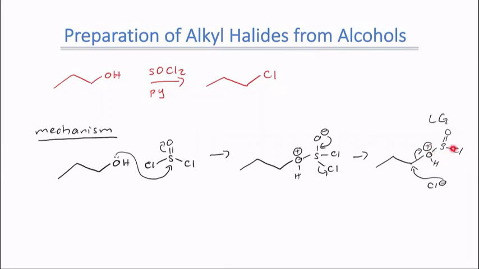When that happens, we have our chlorine. And so the electrons move to the double bond there and kick out the chlorine. So we end up with the side products, in case you're wondering, of SO2 and HCl. We don't really care about those side products. All we care about is our alkyl chloride that we made.